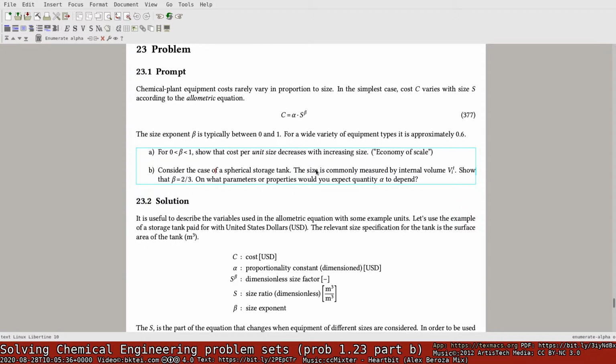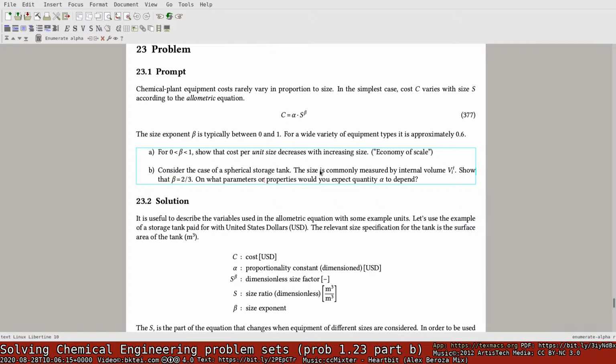So for a storage tank, let's try looking at the surface area of a tank. You might pay for volume, but if you're making a tank for a given volume, you are going to be welding steel plate. The cost is the cost of welding, and the welding depends on how many seams there are, and the total number of seams depends on how much surface area you have. So it all boils down to surface area, and I bet that's where that beta 2/3 comes from.